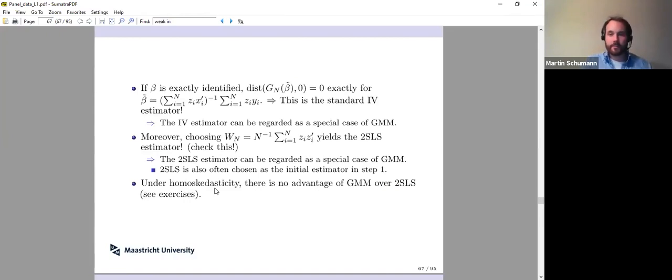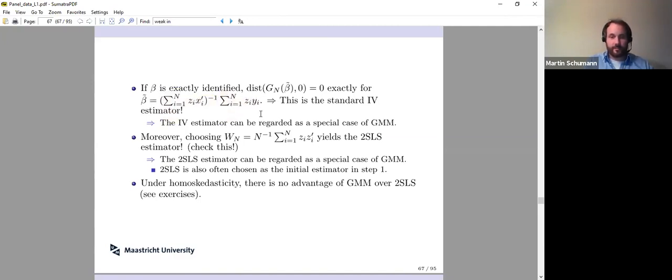Another thing that you should see is that when beta is exactly identified, then we have the same number of equations as we have parameters, and therefore we can always find some beta tilde such that the distance between g_n of beta tilde and 0 is exactly 0. In that case, the GMM estimator simplifies, and beta can then be shown to be this.